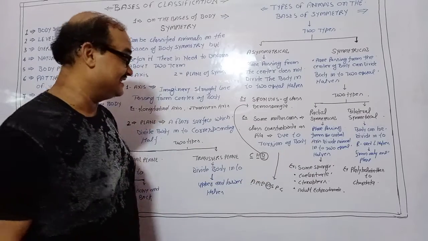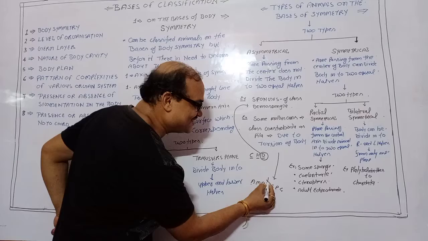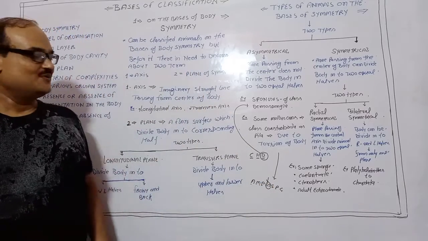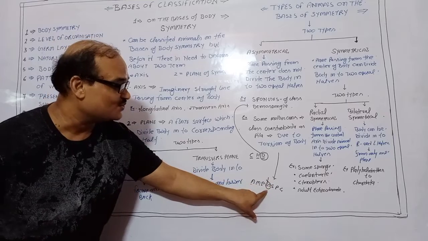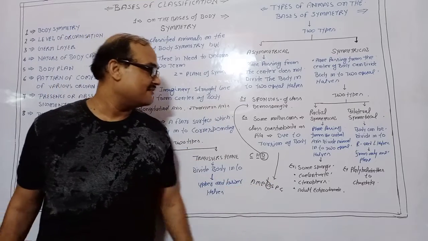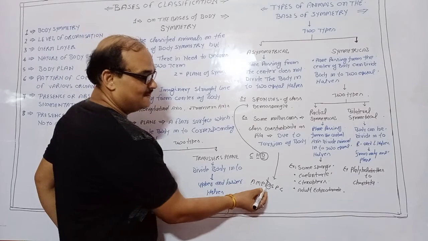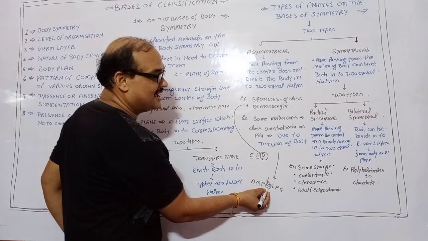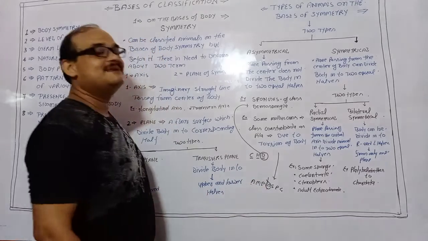Of these classes, only the members of Gastropoda, the largest class of Mollusca, are asymmetrical.